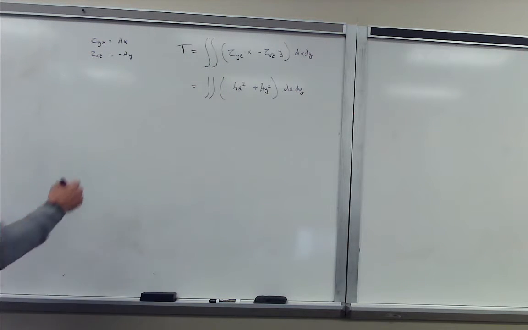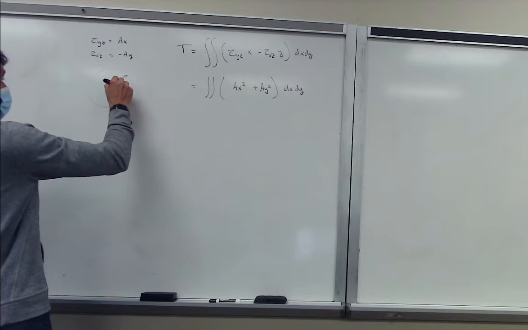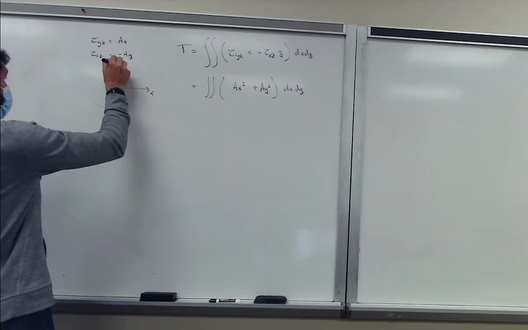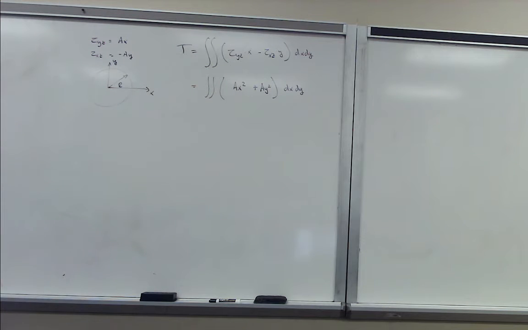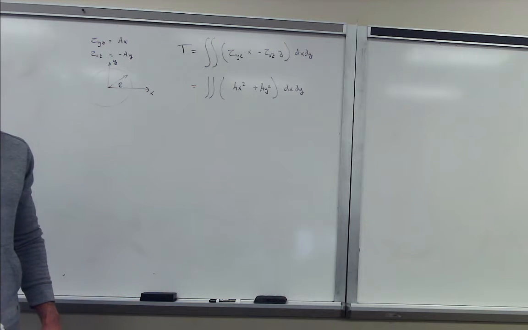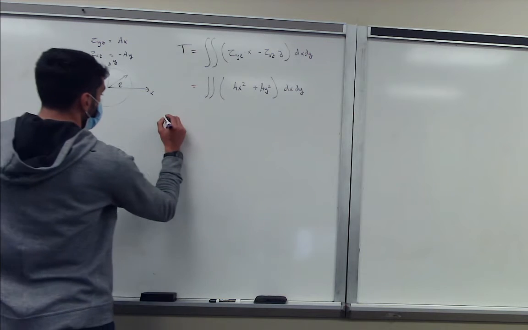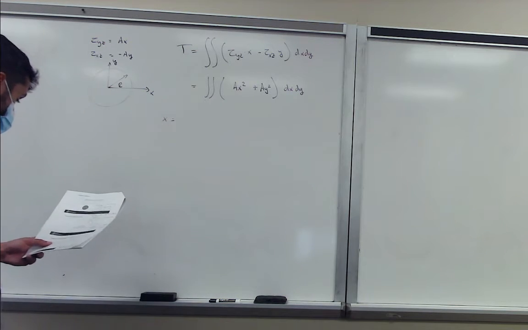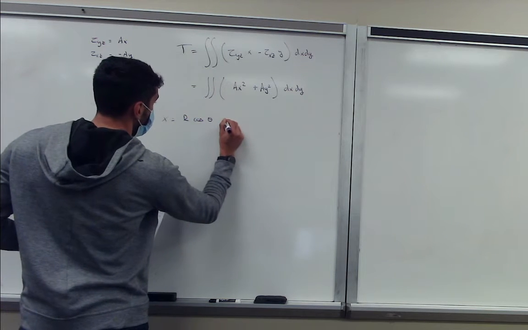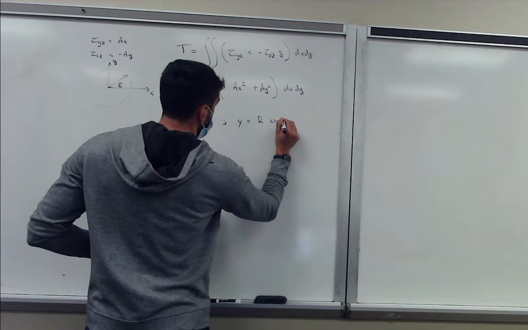So since we have a circular tube, we're given radius r and coordinate system xy, it's easier to do a coordinate transformation, instead of x and y going to r and theta. So if we do a coordinate transformation, we can define the x coordinate as r cosine theta, and we can define the y coordinate as r sine theta.